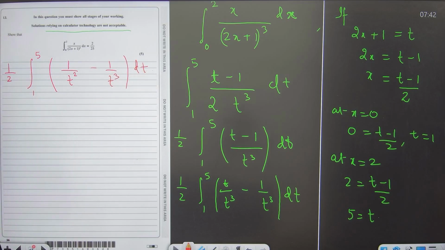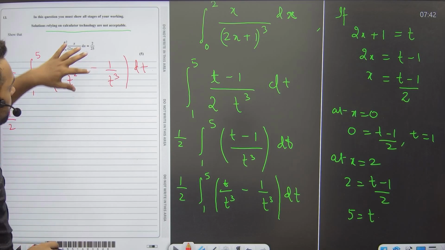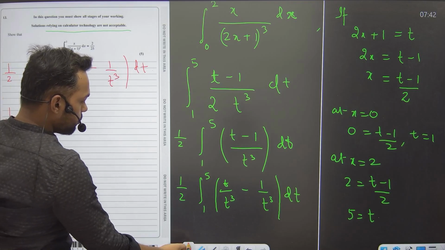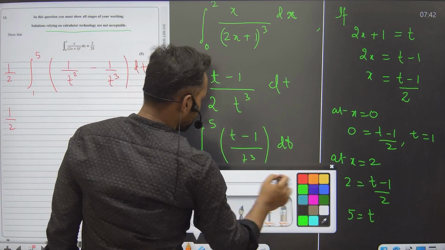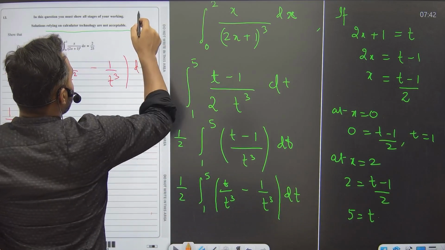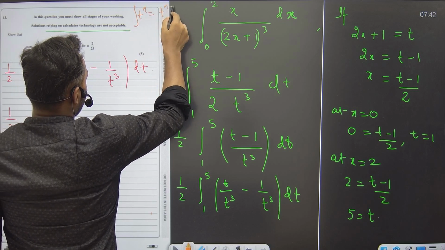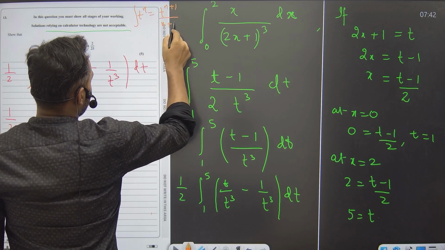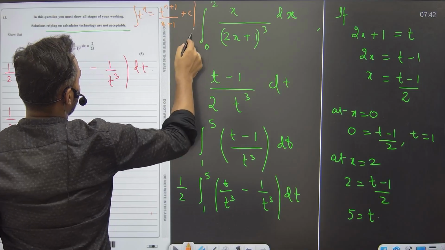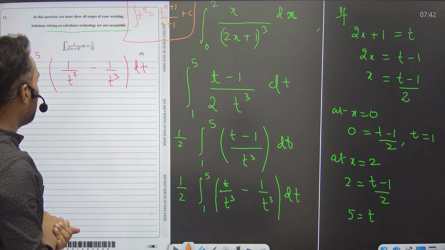Now, what formula will we apply here, student? I will write it also. Integration of t to the power n will be t to the power n plus 1 upon n plus 1, plus c. This is the formula which we will be applying here.